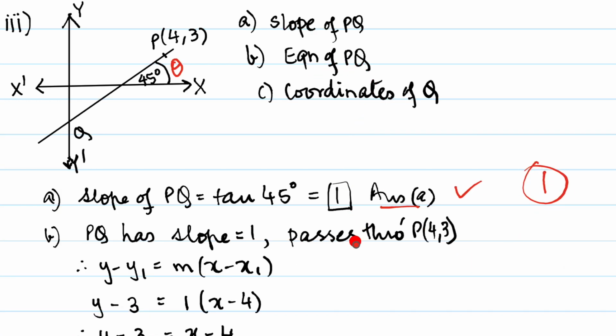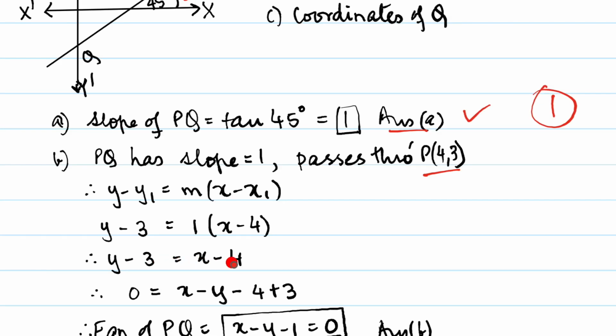Now we want equation of PQ. We already know the slope. Do you know which point PQ is passing through? That's right, from here. So it passes through this point. So we'll use slope point form. What is the slope point form? Speak with me. y minus y1 equal to m into bracket x minus x1. Okay. So y minus 3 will be equal to m means 1, and here it will be x minus 4.